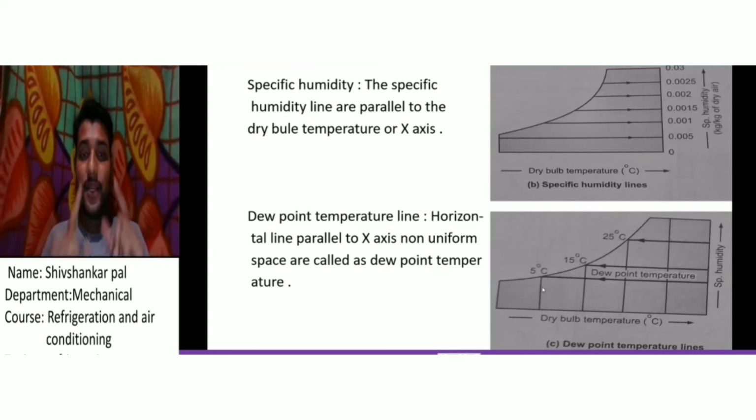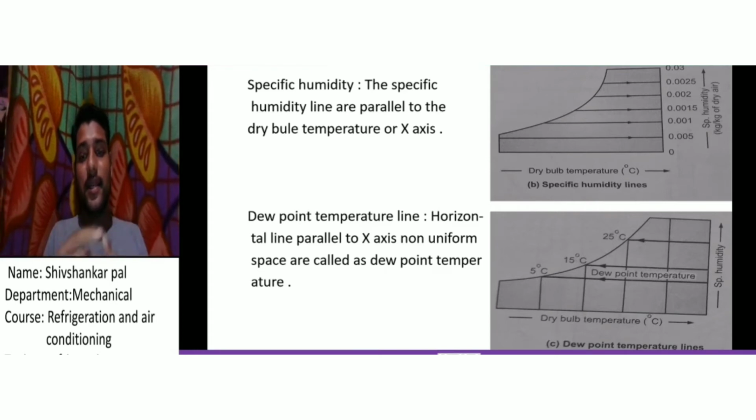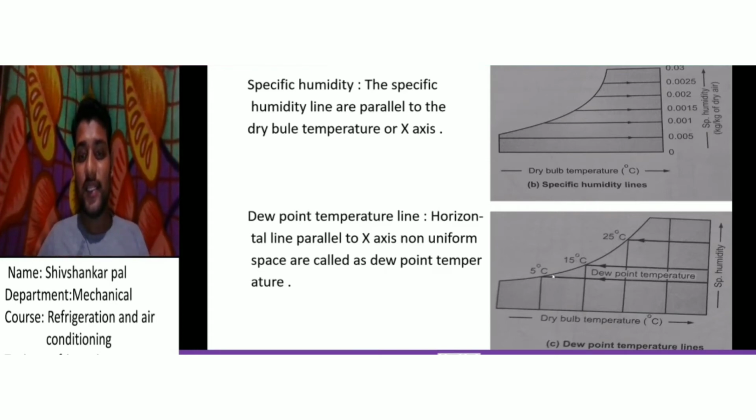When any two lines cut at a point on the curve, for example the dry bulb temperature line and a specific humidity line, that point on the curve shows the value of the dew point temperature.